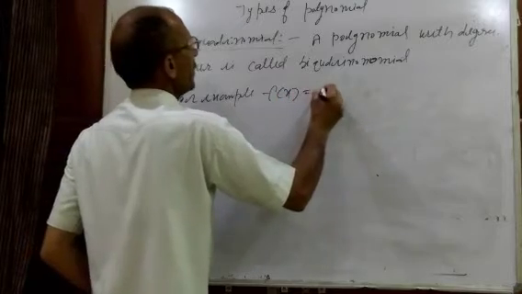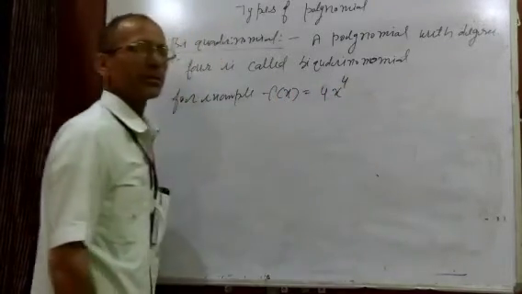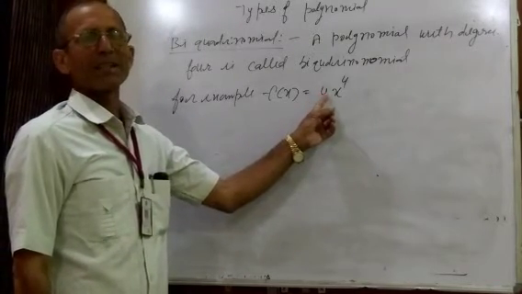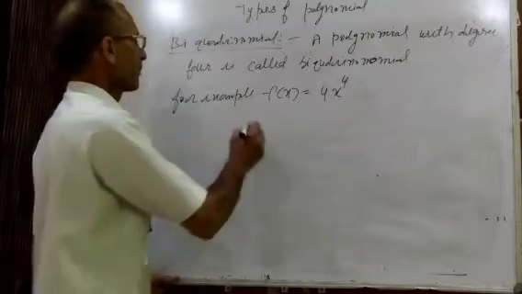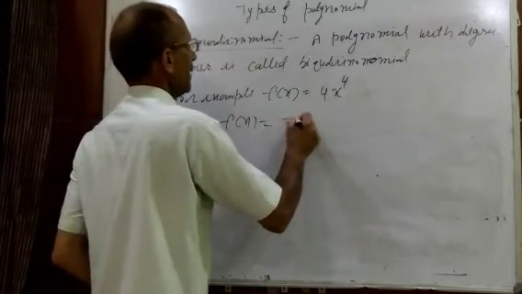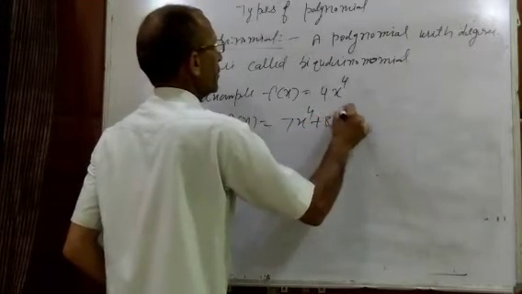For example, f(x) is equal to 4x raised to the power 4. This is a biquadrinomial with one term, a monomial. f(x) is equal to 7x raised to the power 4 plus 8x cube.